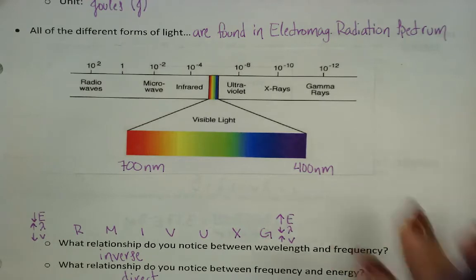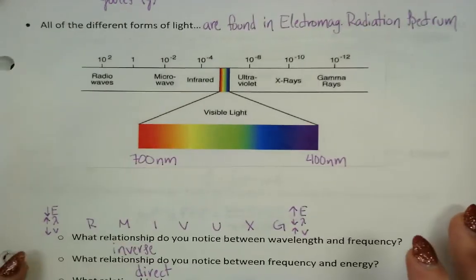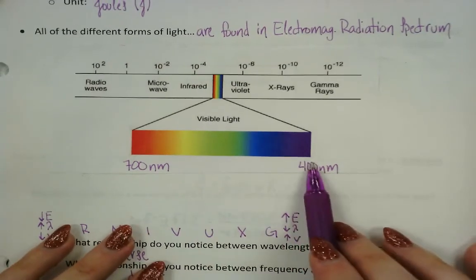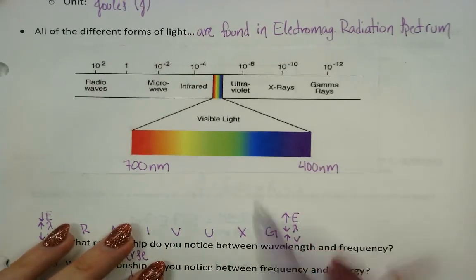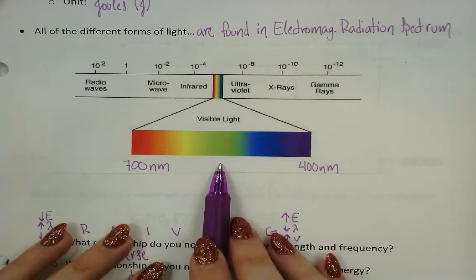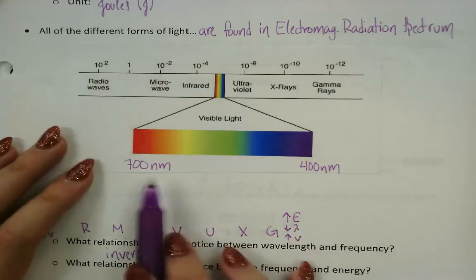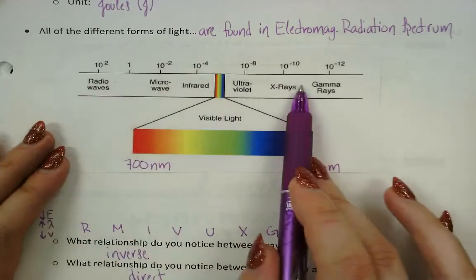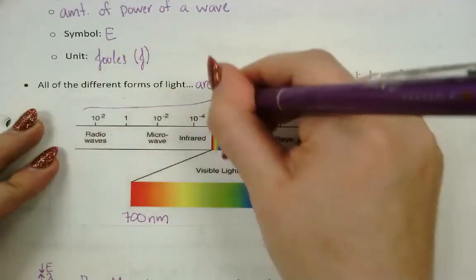So if you remember, I went ahead and flipped back. Our visible light spectrum is from 700 to 400 nanometers, okay? If you were absent and you were not able to get this, I would make sure that you get one from your teacher. It's going to be very helpful. So these are nanometers. However, we mentioned that this up here is all in meters, okay?